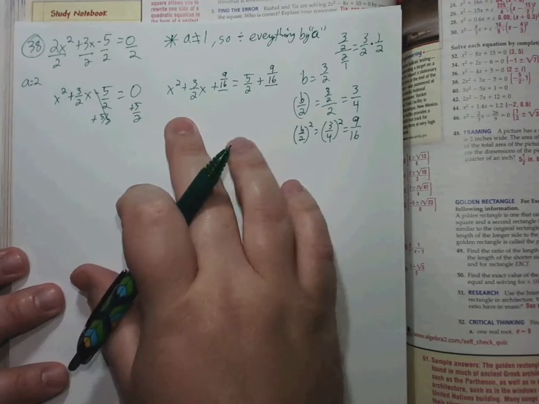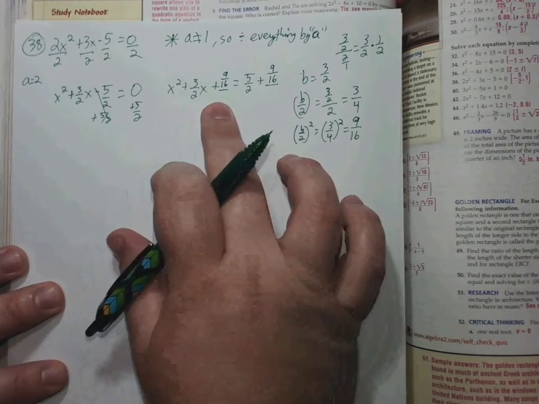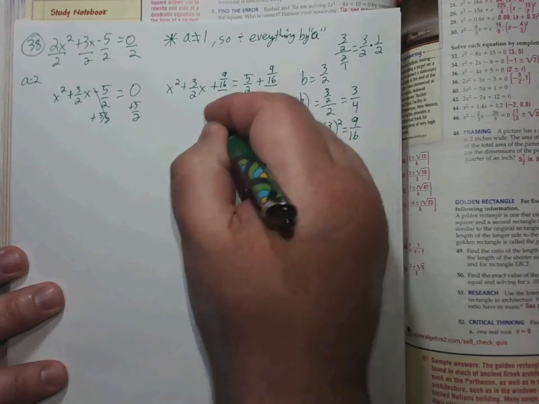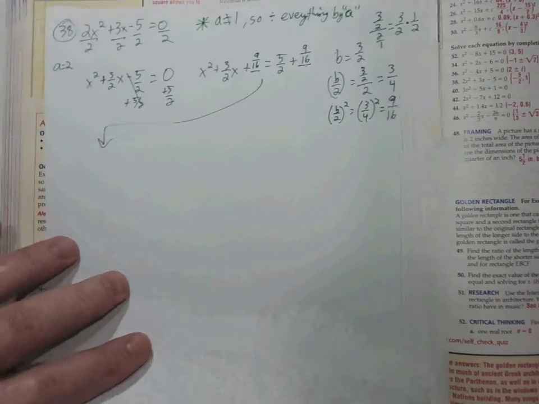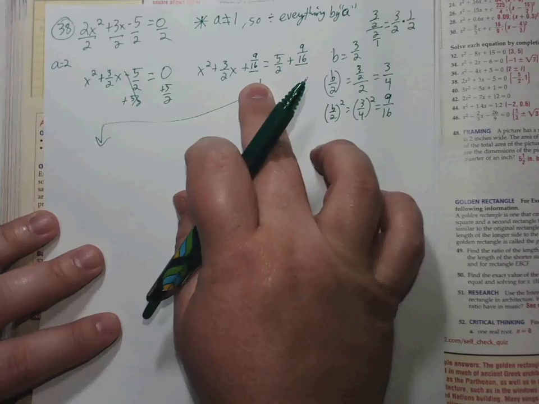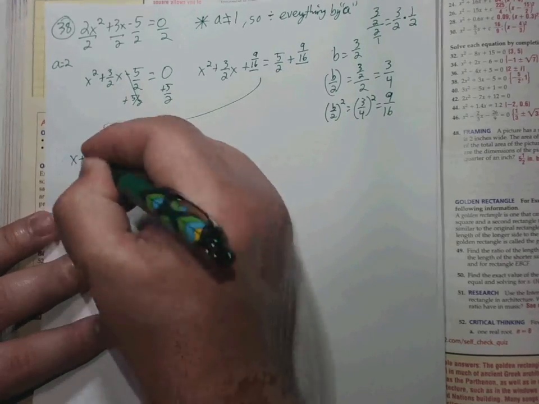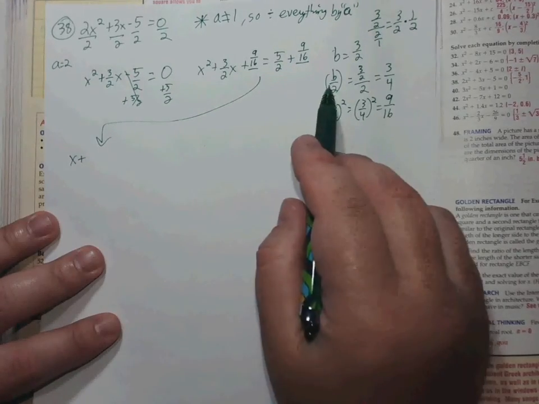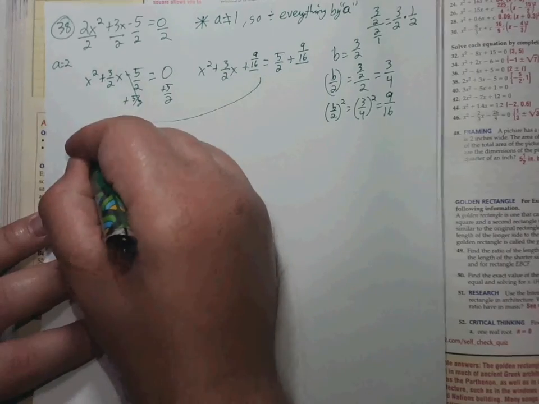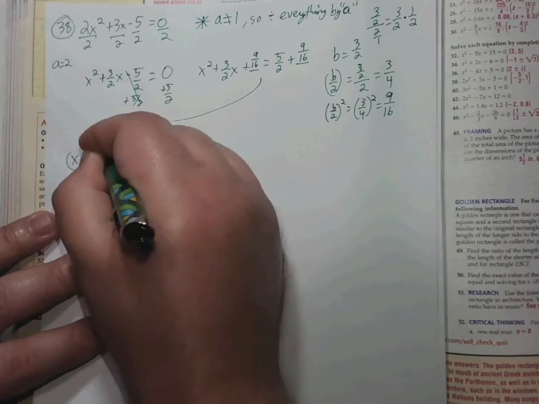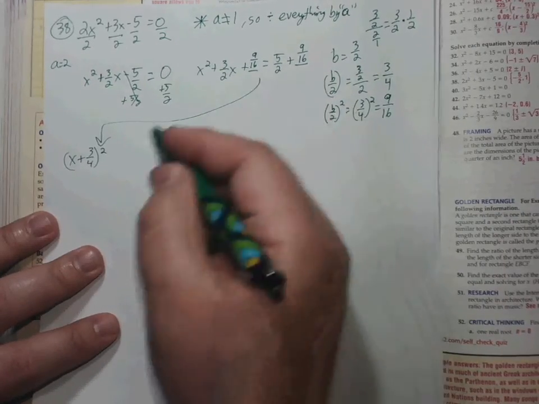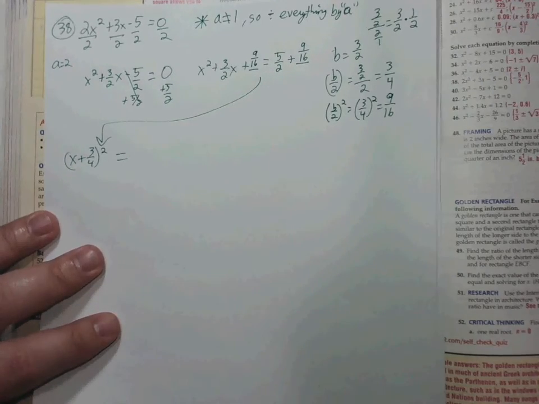So, that, I'm going to move this over here, okay? That factors to x plus b over 2. What is b over 2? Well, we already have it figured out. 3 over 4 squared, okay? It just does. That's how it works.